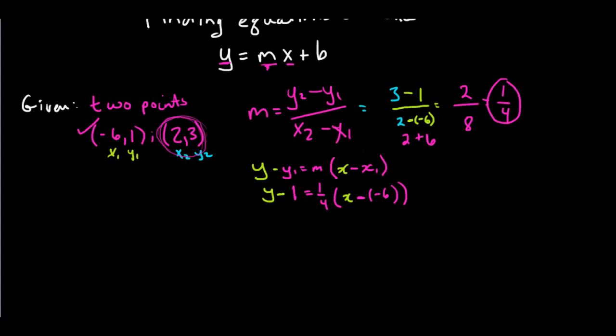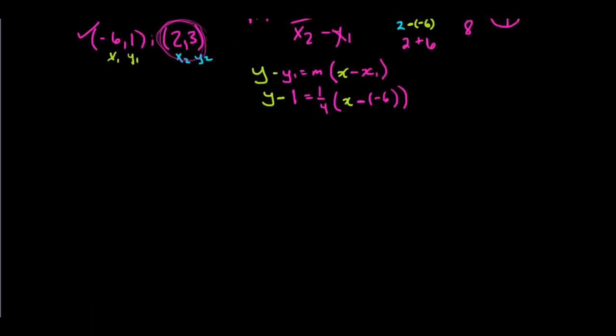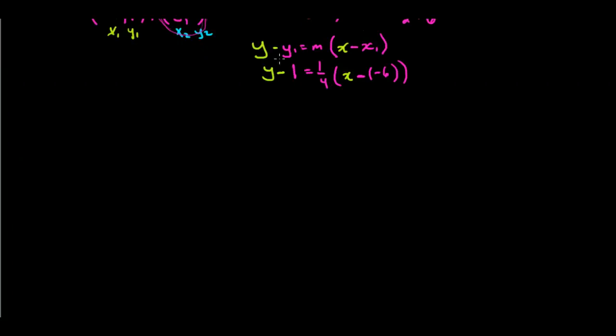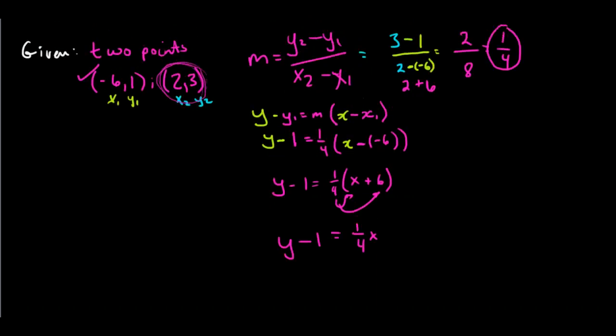Okay, so remember, I have to simplify and solve. That's all I need to do. So because we have a little bit going on over here, we need to simplify that first. I'm going to go ahead and drop the color scheme now, and we're just going to go with y minus 1 is 1/4 of x. Remember, minus a negative 6 is plus 6. So now we distribute the 1/4 to both terms, so y minus 1 is 1/4 of x, which we should know from here.